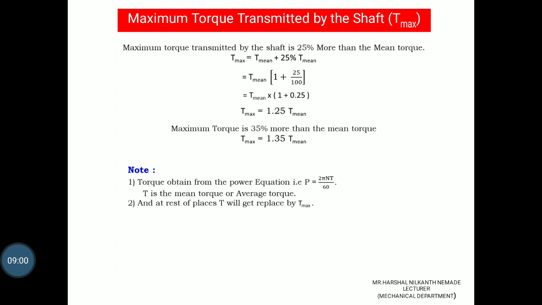Final formula is Tmax is equal to 1.25 T mean. As an example, if maximum torque is 35% more than mean torque, Tmax is equal to 1.35 T mean. Note, torque is obtained from the power equation P is equal to 2 pi NT divided by 60. T is the mean torque or average torque, and at the rest of the places T will be replaced by T mean.